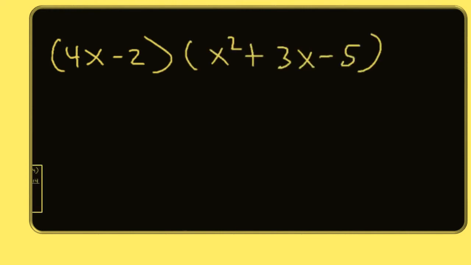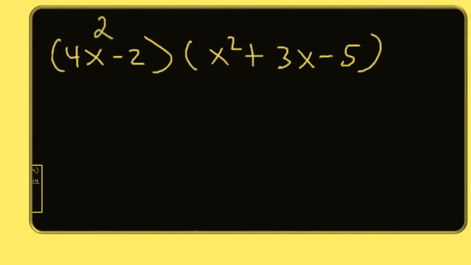Now what if we want to multiply, let us say, a binomial by a trinomial? How can we do so? Notice that when we multiply a binomial with another binomial, that is, an expression with two terms by another expression with two terms, initially we got 4 terms before we added like terms.